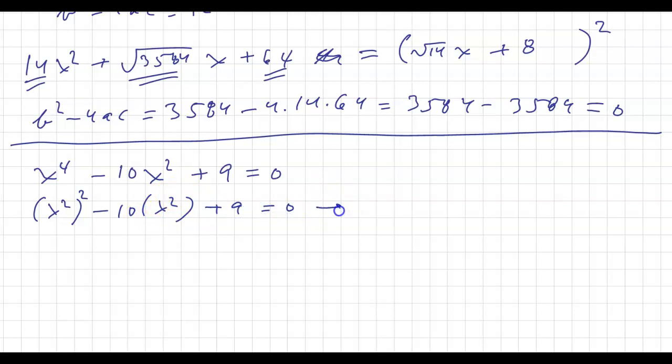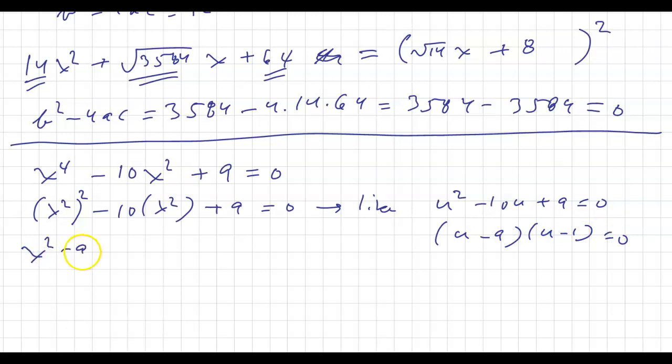So I'm going to make a note. It's like the quadratic u squared minus 10u plus 9. Now that would factor to u minus 9 times u minus 1. So this thing factors to x squared minus 9 times x squared minus 1 equals 0.